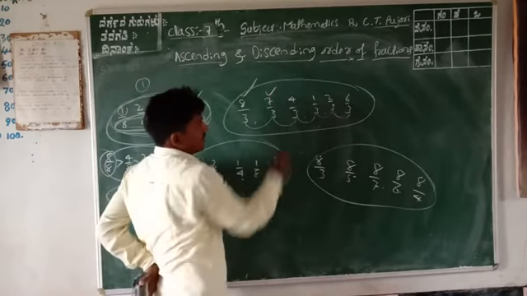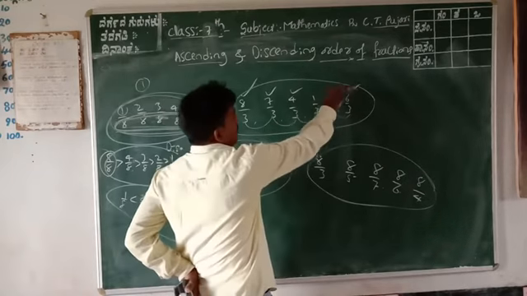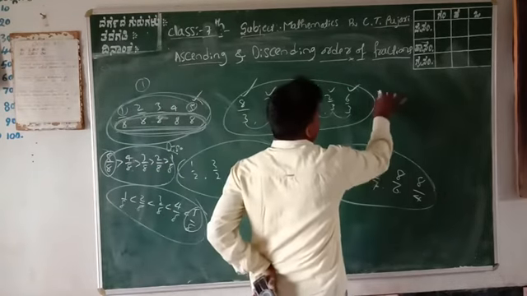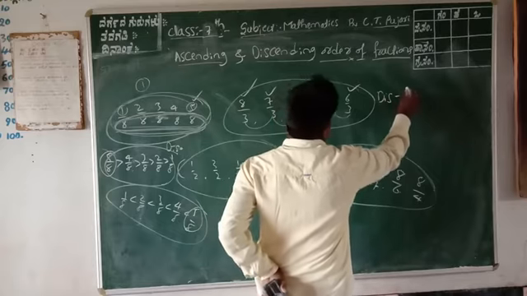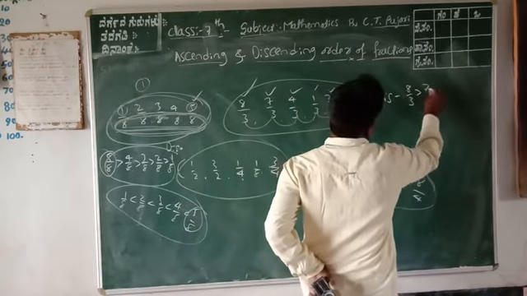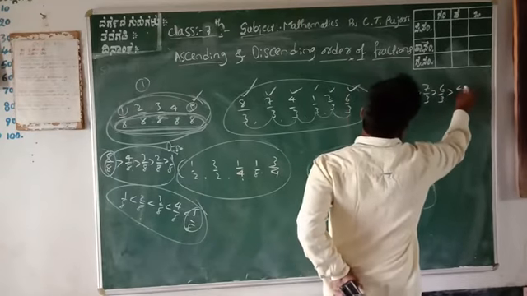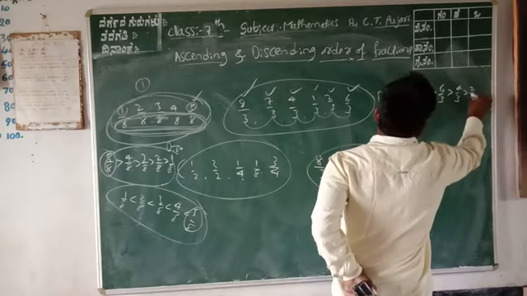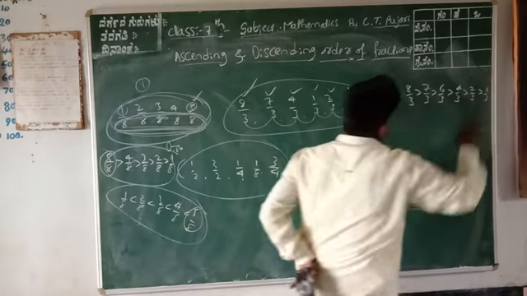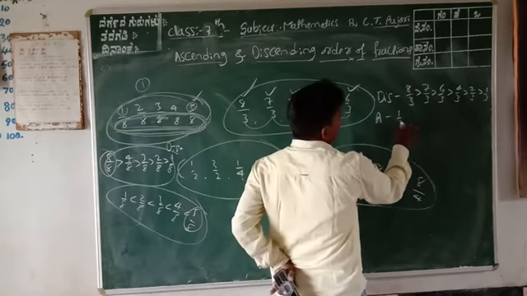Second one, this one. Third one, this. Fourth one, fifth one, sixth. Therefore, descending order is 8 by 3, next 7 by 3, 6 by 3, next 4 by 3, 2 by 3, 1 by 3. This is descending order.